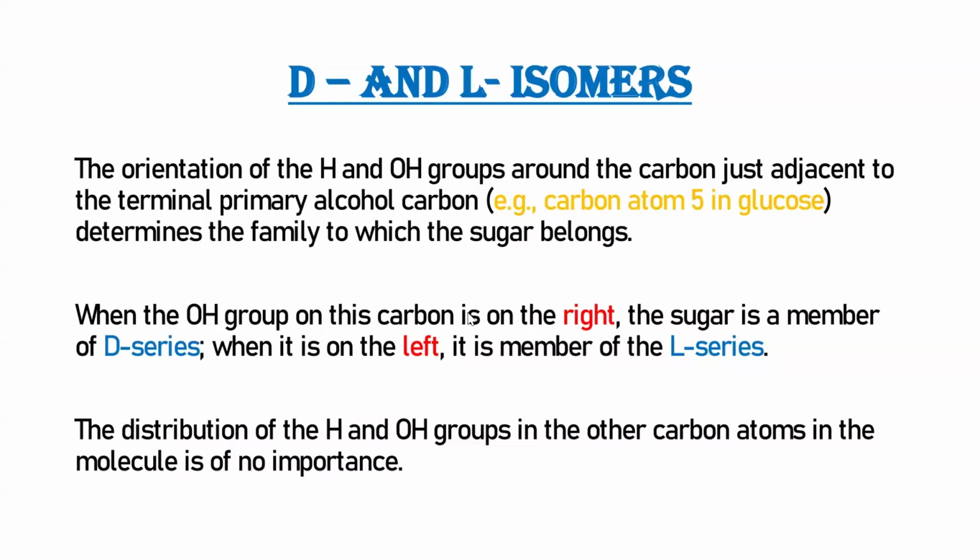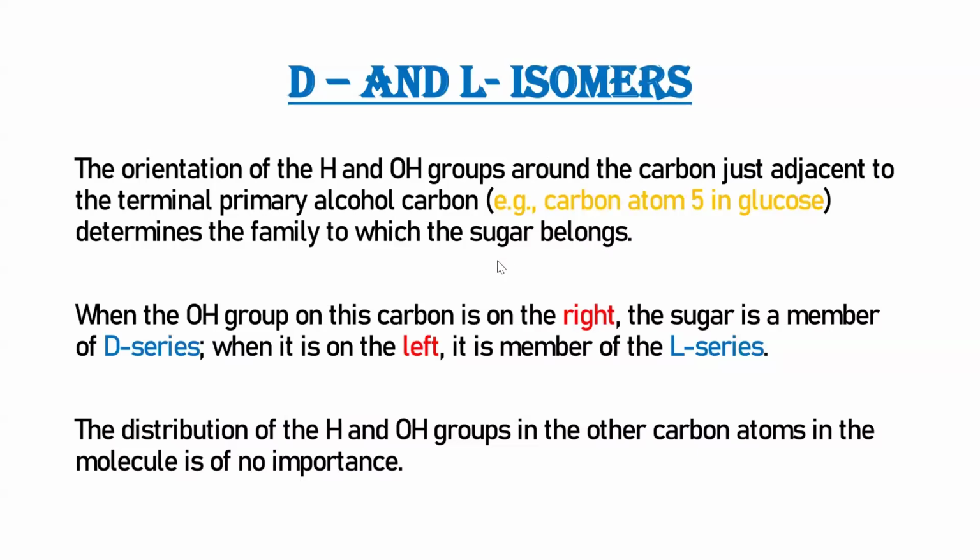The distribution of the OH and hydrogen groups on the other carbon atoms in a molecule is of no importance. The orientation of the OH group and hydrogen atoms is always considered at carbon 5 of glucose.